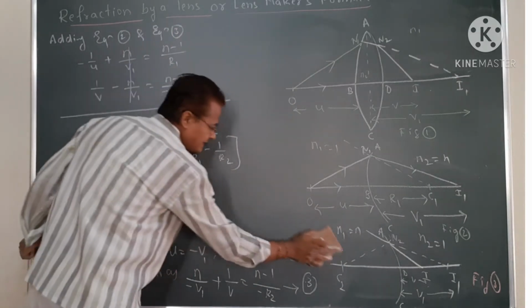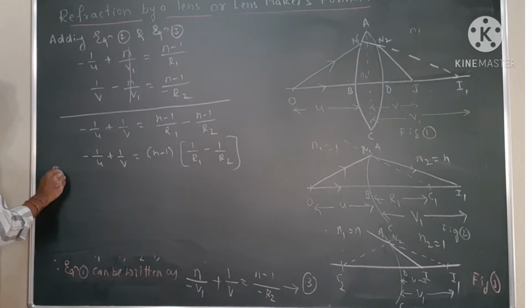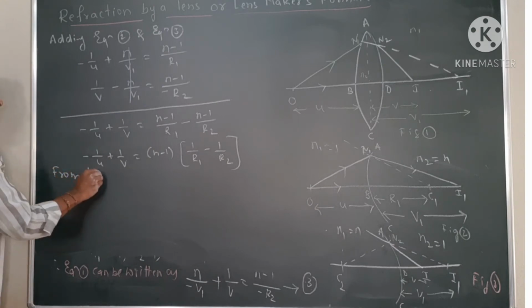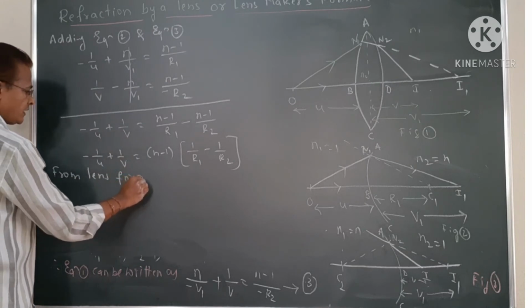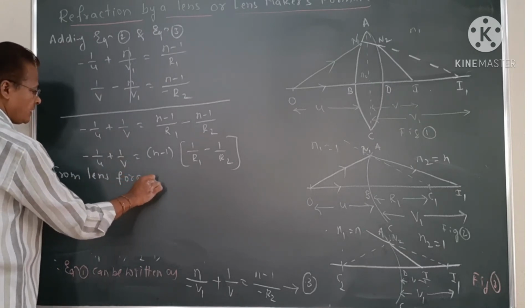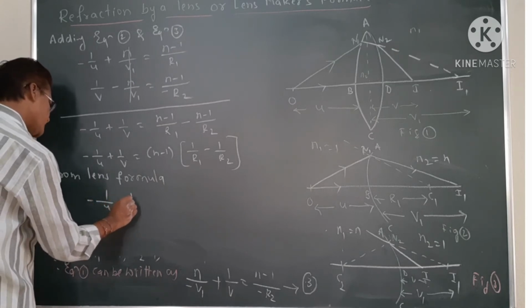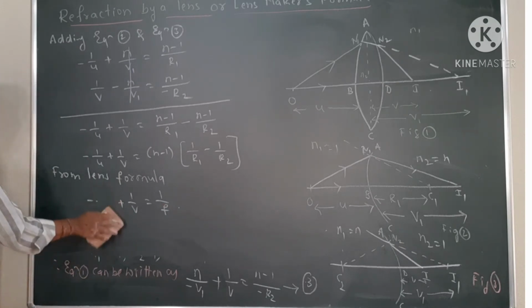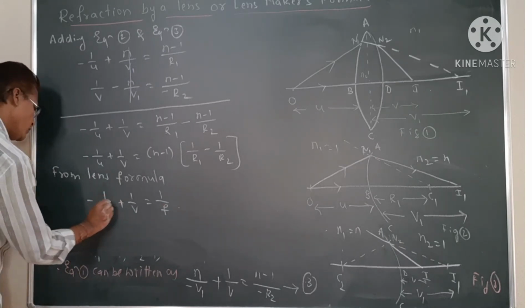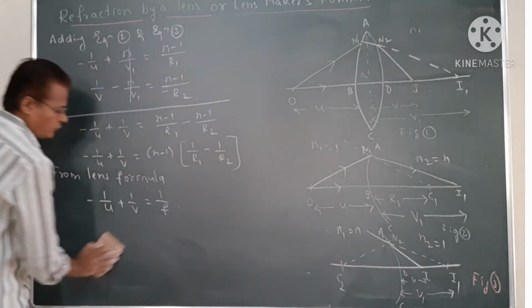From the lens formula, this is the lens formula, minus 1 by u plus 1 by v equal to 1 by f.